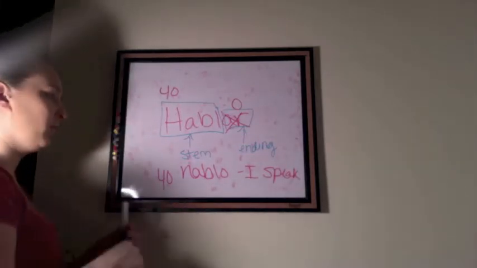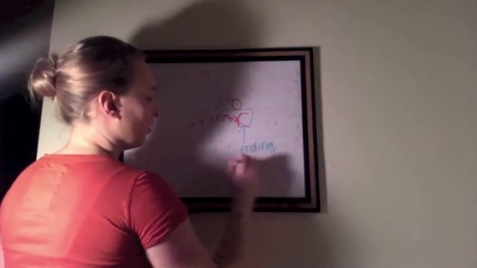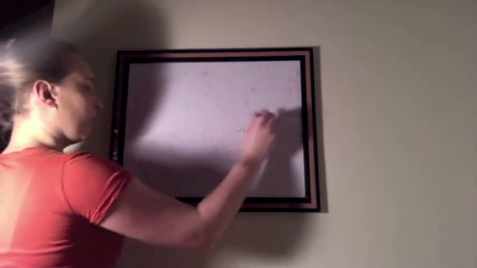Okay? So now I just want to do a little bit of practice to see if you understand it. And we'll do a lot of practice with this so you can get the hang of changing the verbs.